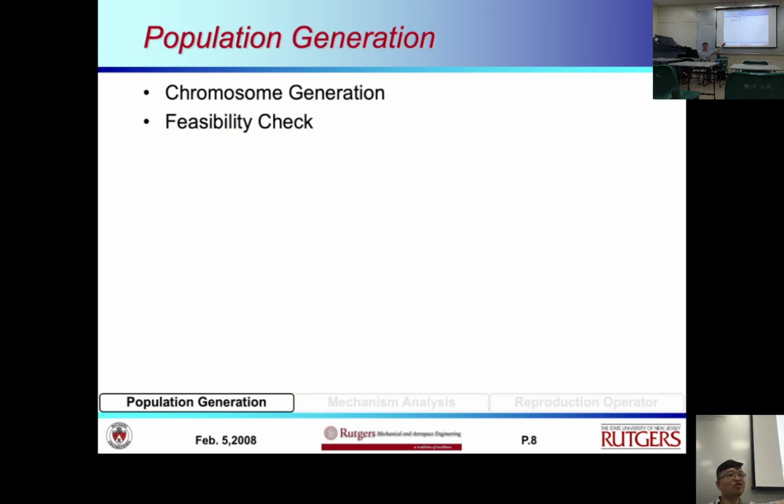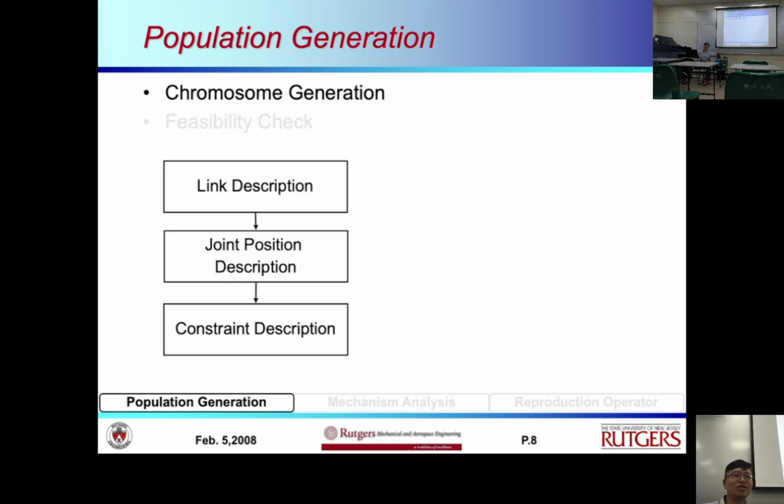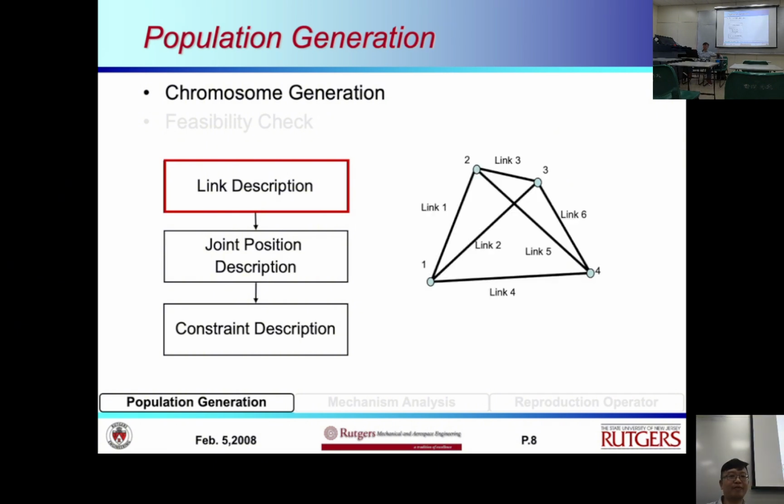Here, chromosome generation and feasibility check, exactly like what I told you. For linkage design, it's a planar linkage, so there could be multiple joints, and every two joints could form a link. The decision of whether a link is generated is described by 0 or 1.